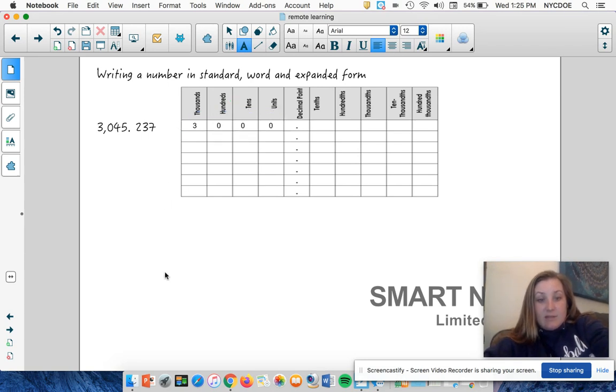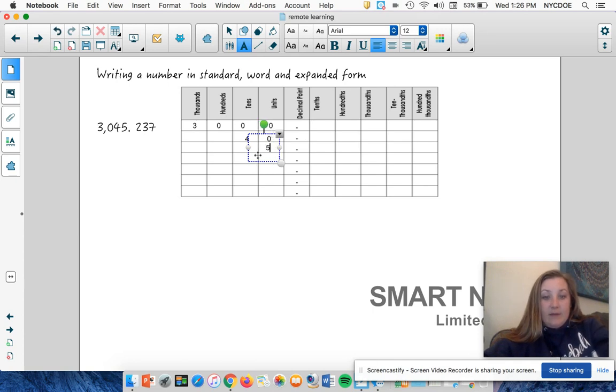So we broke up my digits. We have 3,000. Do we have a number in my hundreds place? I do not. I have a 4 in my tens place, which is equivalent to 40. So I'm going to put my 40 just like that. And I have my 5 in my ones place.